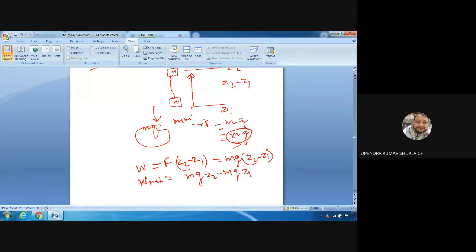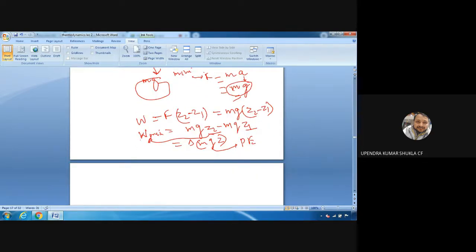Now to change the position of the object, now you can put it like this also, mgz. Now this mgz is the potential energy. Now to change the position of the body from z1 to z2, you need to do minimum work W.